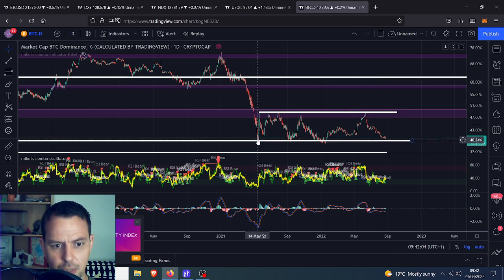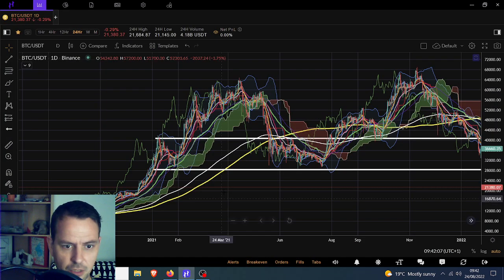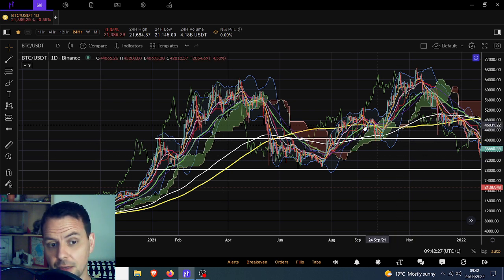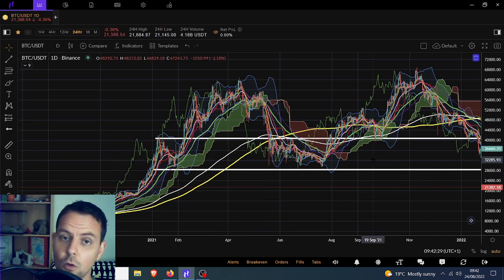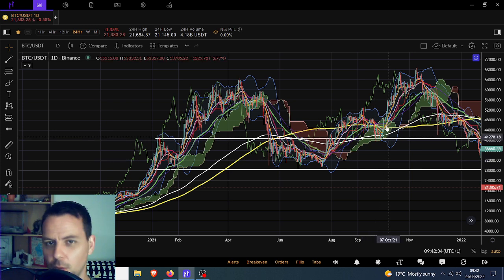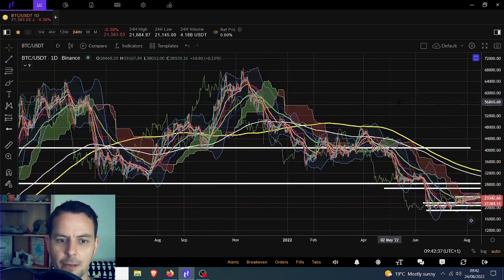Just to put it into context, this area over here, 14th of May was the last time we more or less hit that. 14th of May was where we were holding on to this support just before the last big catastrophic dump that took place from 47 all the way down with a wick down to 30, which again was very big, very fast, and throughout that period you might have seen this would happen with Bitcoin, but altcoins were going down 70%, 80% in a 2-week period. You don't want to be around for that, trust me.